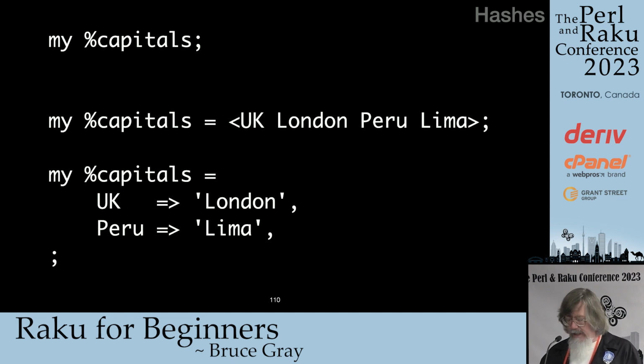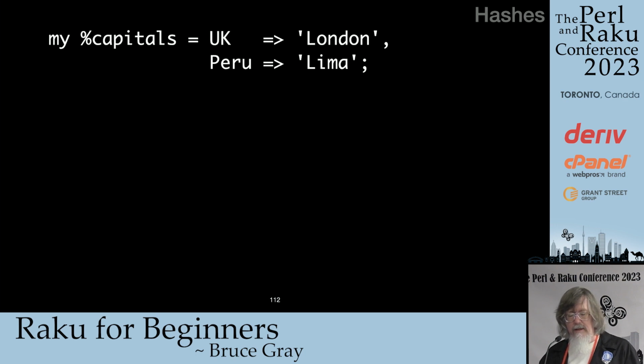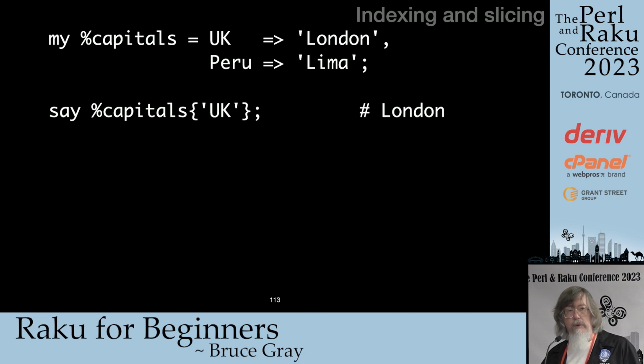That bottom initialization, I'll reformat it in a way I only use for presentation slides, like that. Now, how do we access part of a hash? We were using square brackets on an array. We use curly braces for a hash.